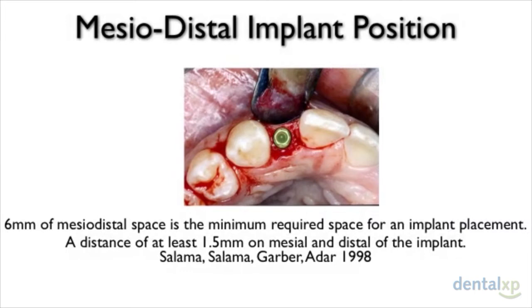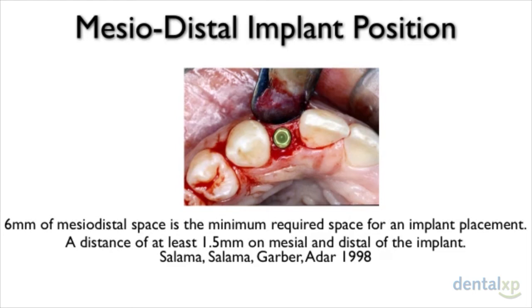Because if we have less than 6, we will be very tight for an implant to be placed with all the characteristics that will allow the implant to succeed aesthetically, functionally, and biologically. We should keep in mind the 6 mm of space should be maintained crestally as well as apically. In other words, there should be root parallelism between the neighboring teeth. This is a very critical point to consider.